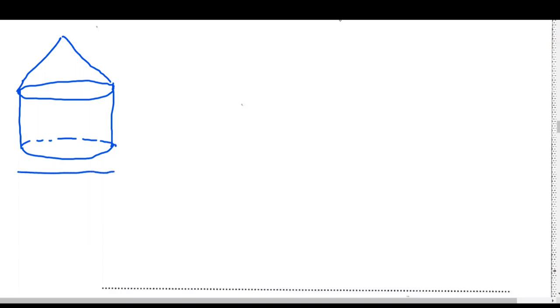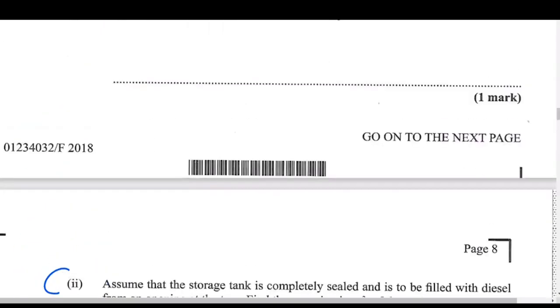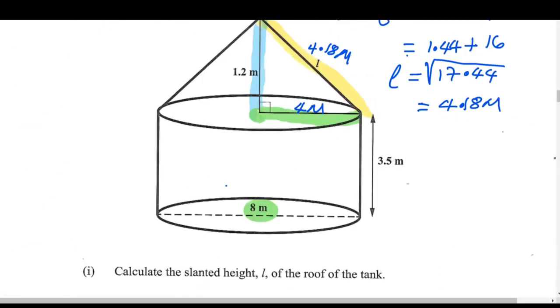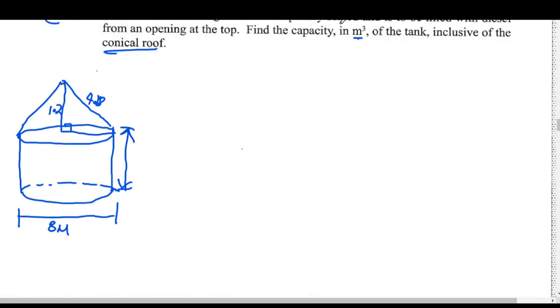We know that these are the measurements that we have. This is 8 meters. We got that. We know that this is 4.18. This one is 1.2. And they gave us this as well. So we had all those measurements already. This is 3.5, right?